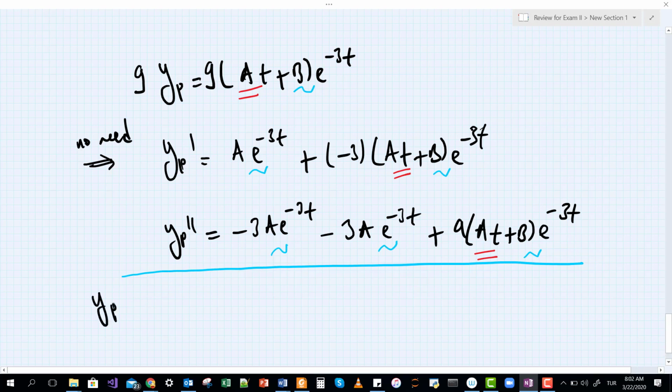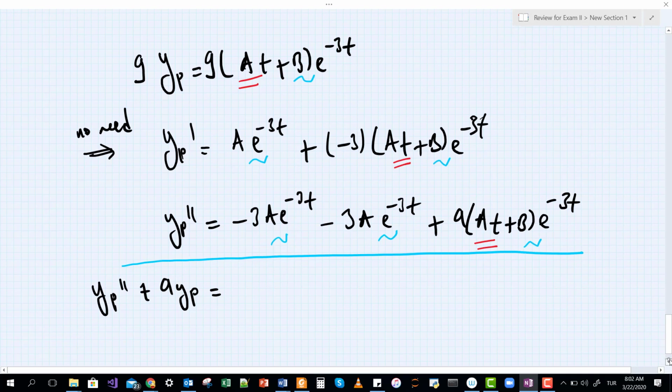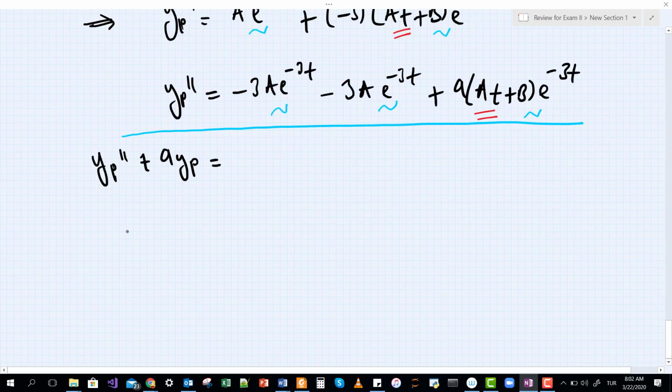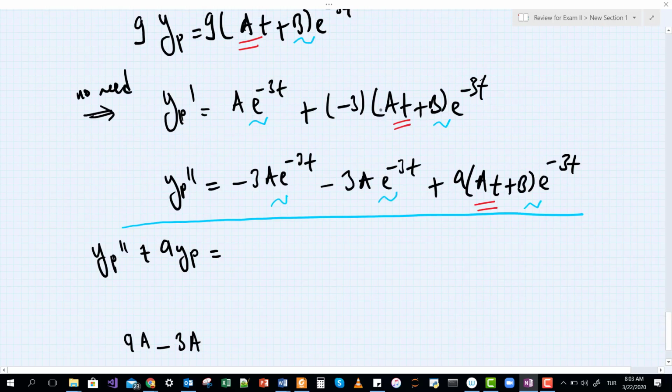If I add these two terms, yp second prime plus 9 yp, I'm not going to add them in one line. What I will just do is add them right in. Let's add them. So if I add them, 9a minus 3a, sorry, I don't need to add this term.